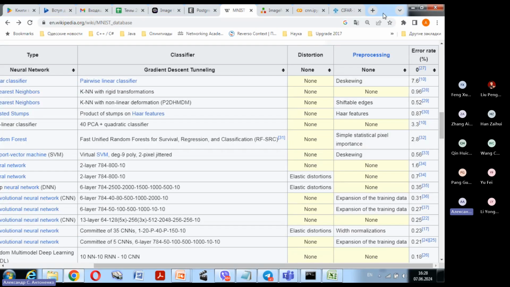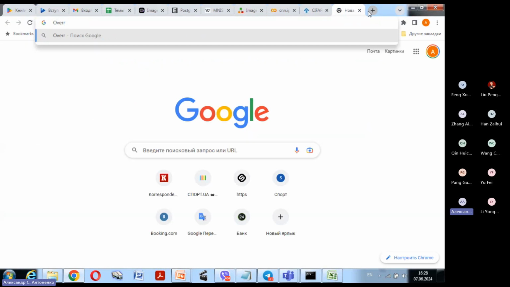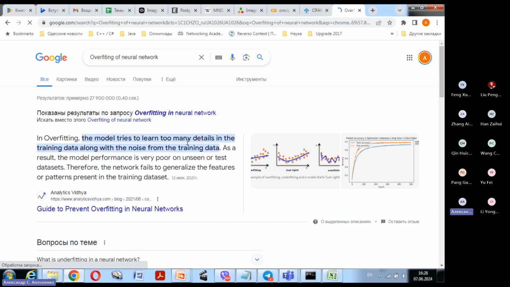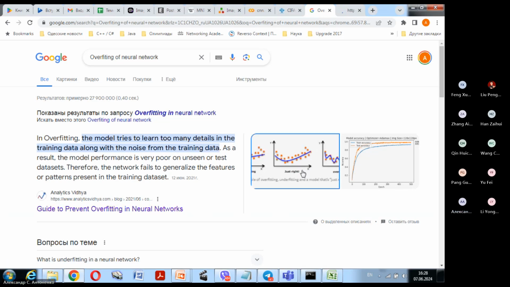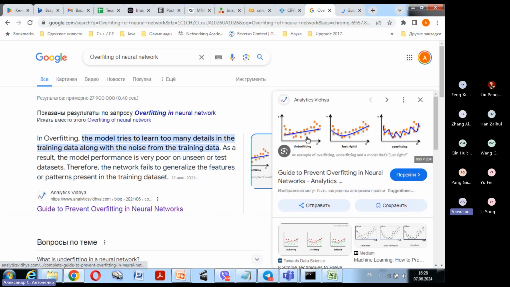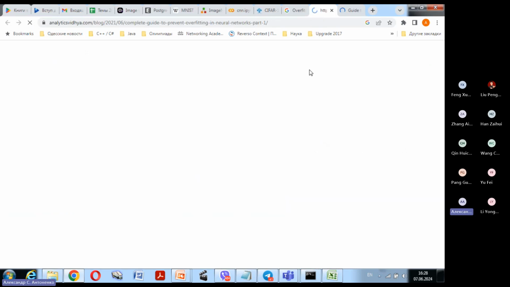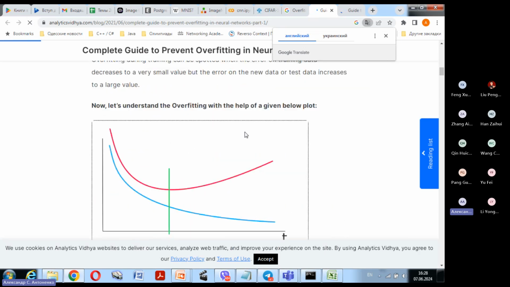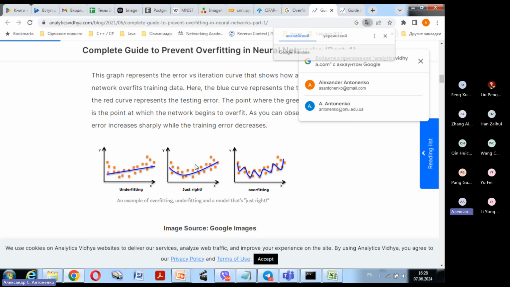So what is actually overfitting? I can explain overfitting on this single image.